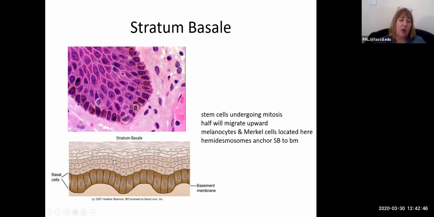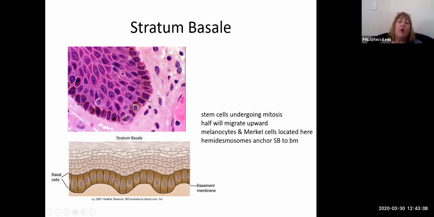In the cartoon drawing at the bottom, the stratum basale is this brownish layer. Here they all look like little columnar-sized cells. In the photomicrograph above, that is all stratum basale. We have this little mitotic figure, and this other cell there.